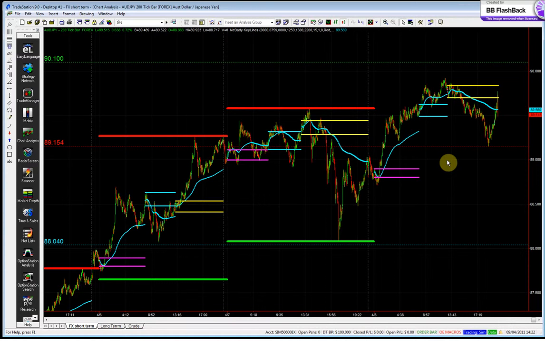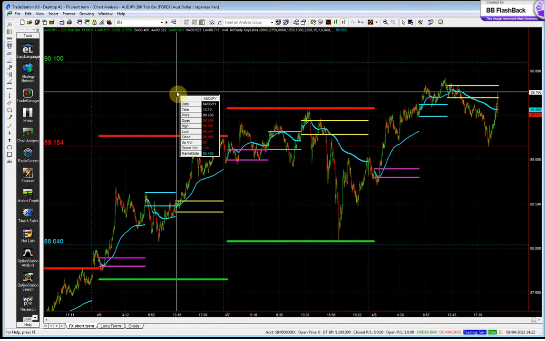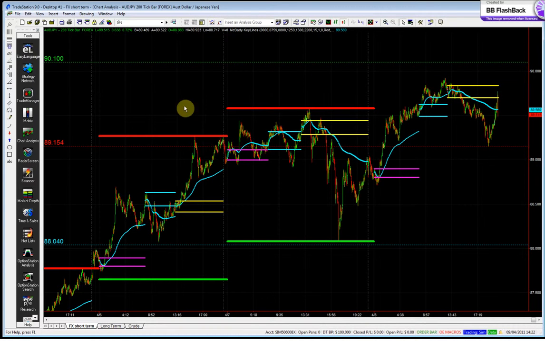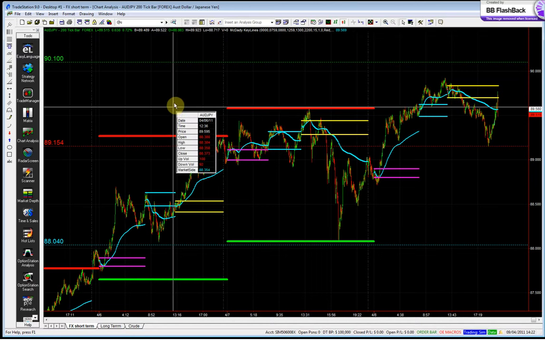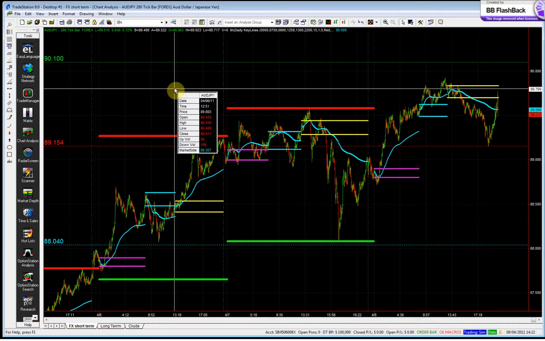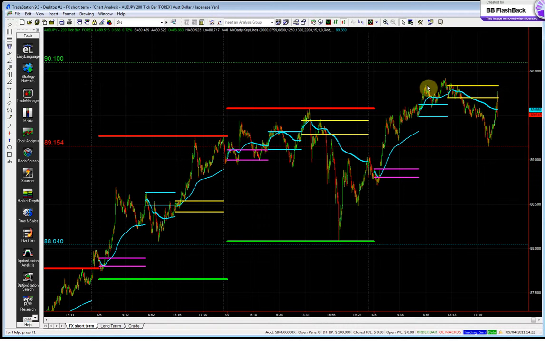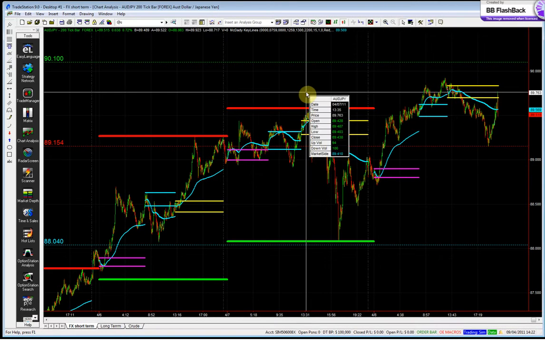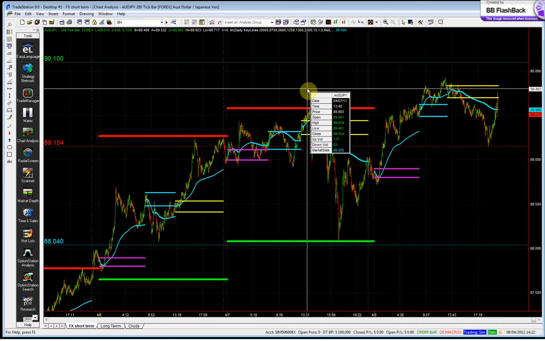The long stop, if we're going long, should be below these two momentum highs. So let's say our long stop I've got on my notes is 89.80.